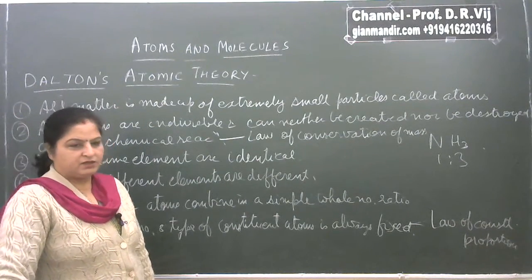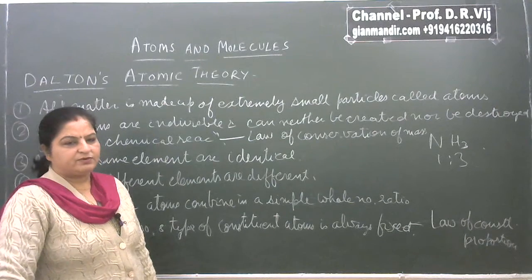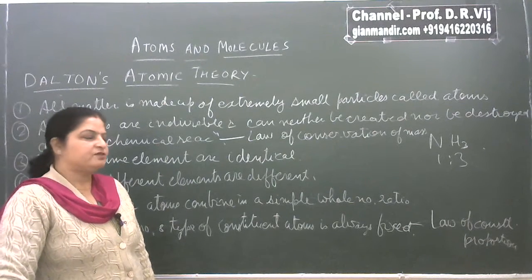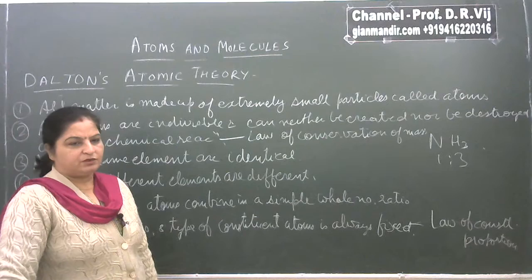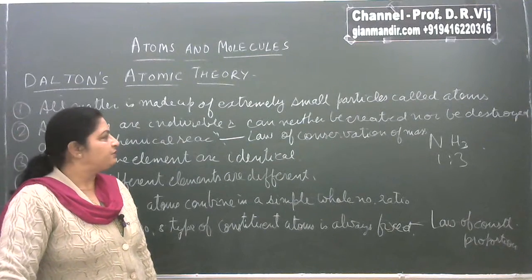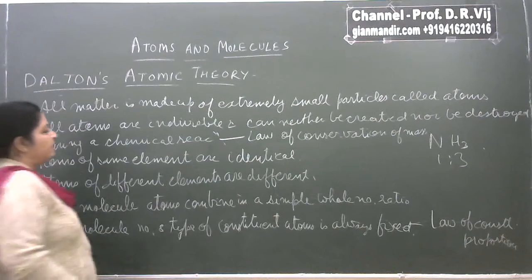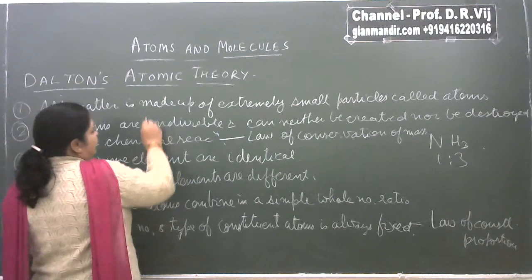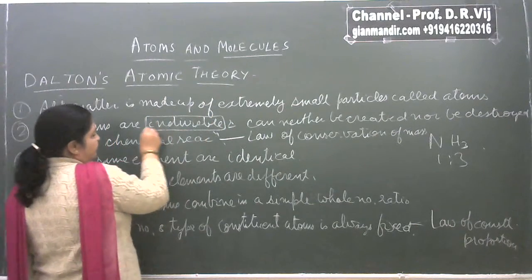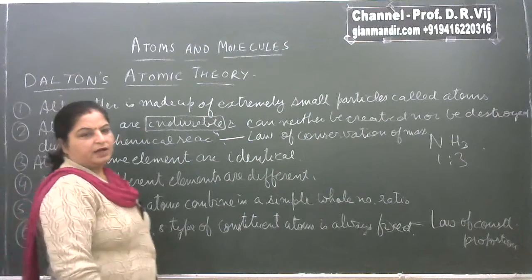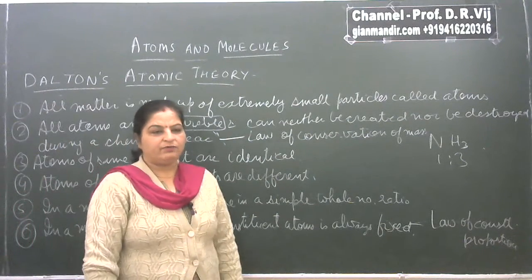in further studies there were some observations, and these observations put a question mark on the postulates of Dalton's atomic theory. Like it was said that atoms are indivisible. Are the atoms really indivisible?